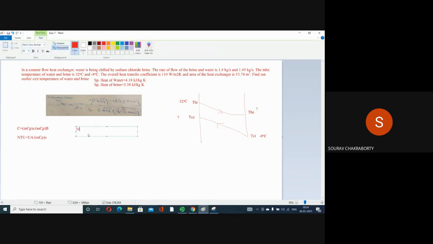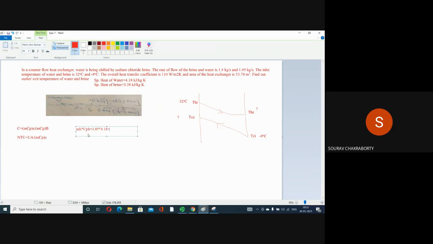Here the hot fluid is water and brine is the cold fluid. MH into CPH we will determine. For water the mass flow rate is 1.05, so 1.05 into 4.18.